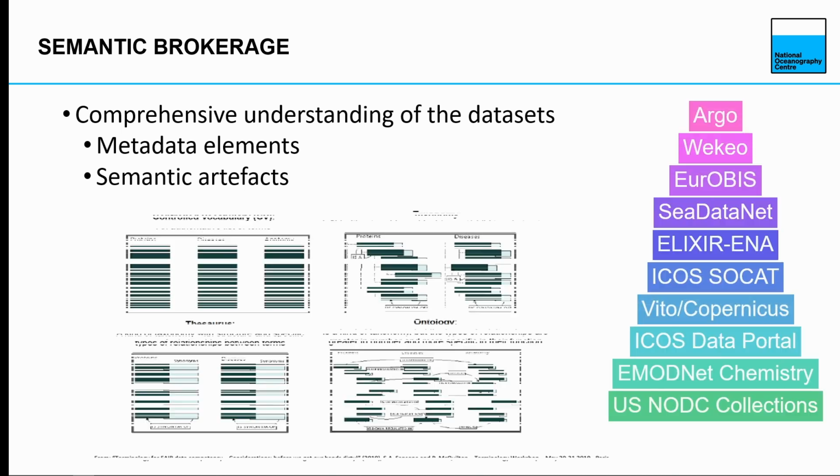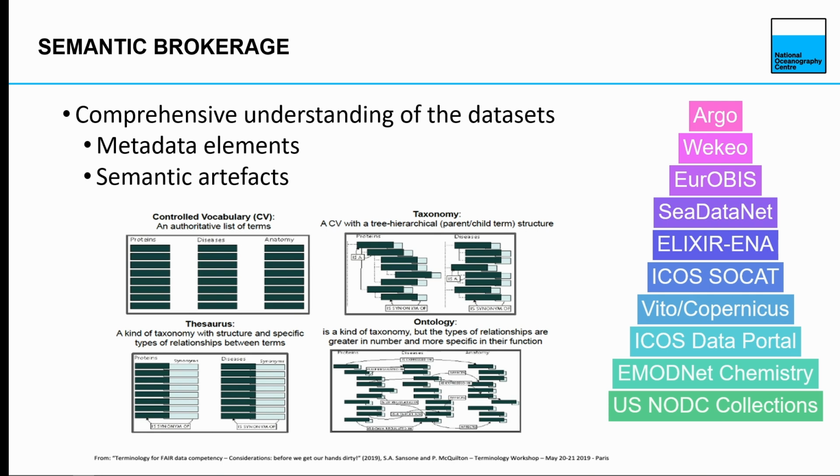I'm going to be using semantic artifacts as a term to refer to controlled vocabularies that are authoritative lists of terms, taxonomies, which are controlled vocabularies with hierarchies, thesauri, which are kind of taxonomies with relationships between them, and ontologies that are kind of taxonomies, but they have a lot more relationships between them.